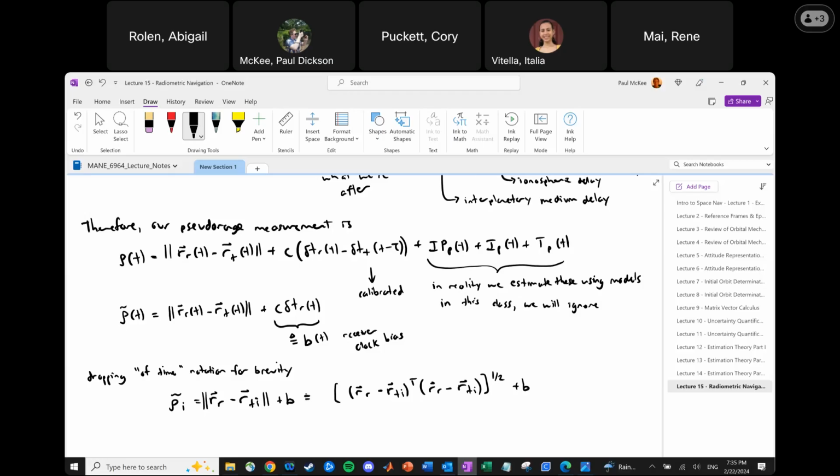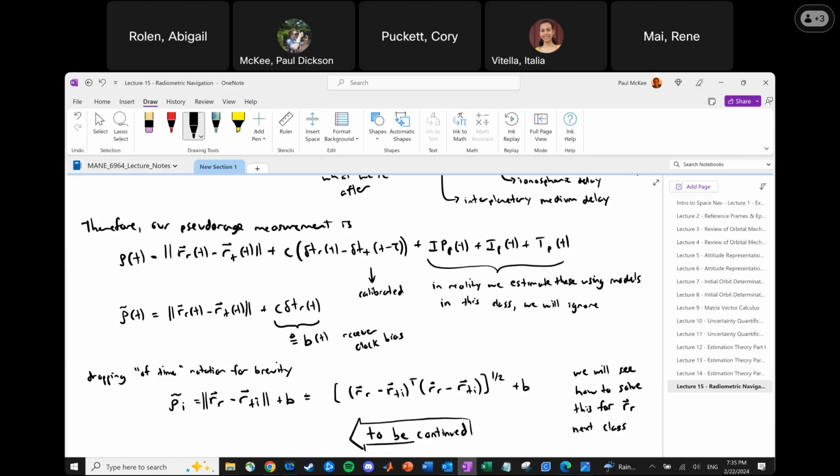We will see how to solve this for your receiver position next class. So this is to be continued.